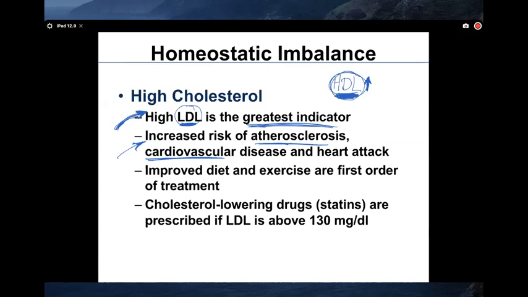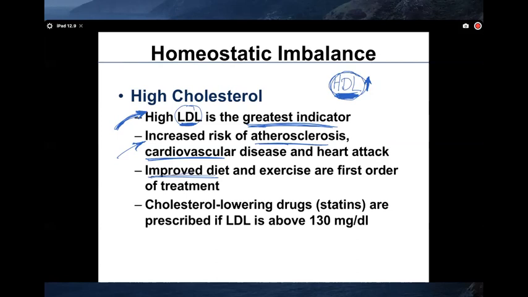All right. So how do I reduce the risk for atherosclerosis if a person has high low density lipoprotein? First, we're going to try to improve the diet. So reduce fat intake, reduce carbs, because if you are getting lots of carbs in your diet, this extra energy is going to be transformed into fat.